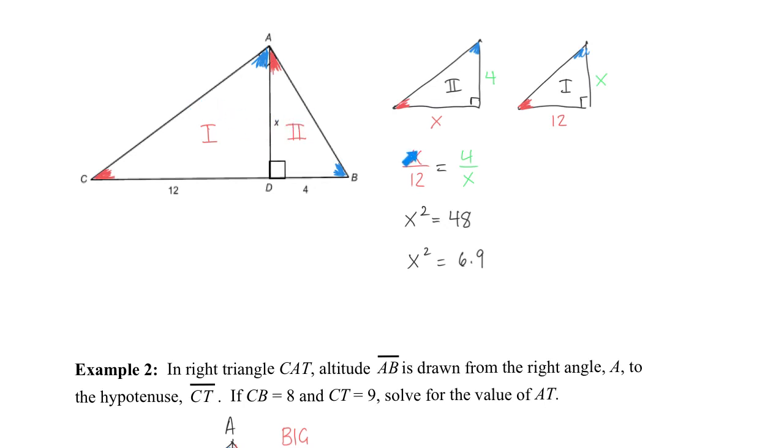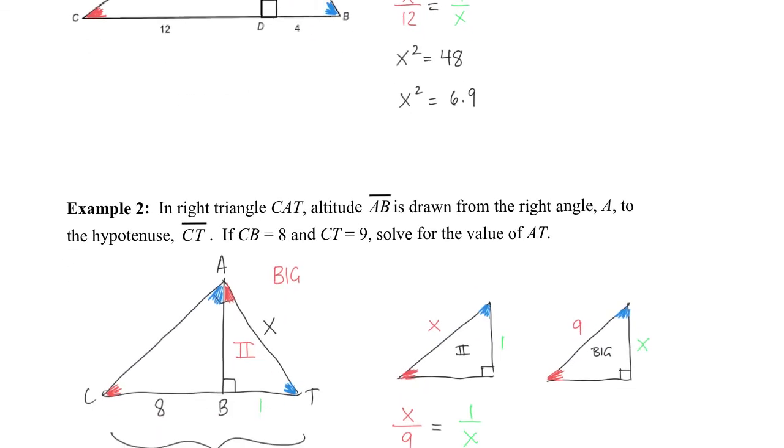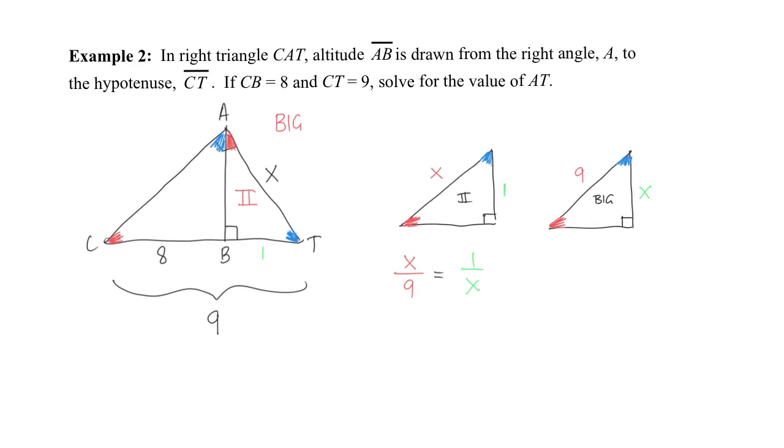But I want you to notice that the shared side ended up on a diagonal right here, and that down here, our shared side was again x, and it ended up on a diagonal. That's exactly what should happen. If your shared side doesn't end up diagonal from each other, something went wrong. Okay, so cross multiply. x squared equals 9. Take the square root of both sides. In this case, x is 3, so AT equals 3.